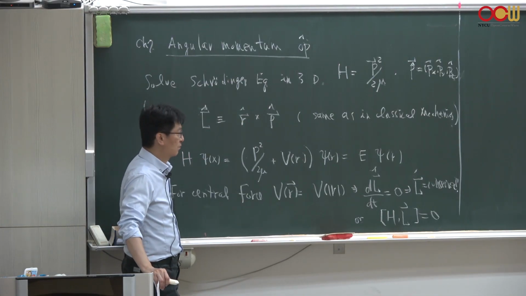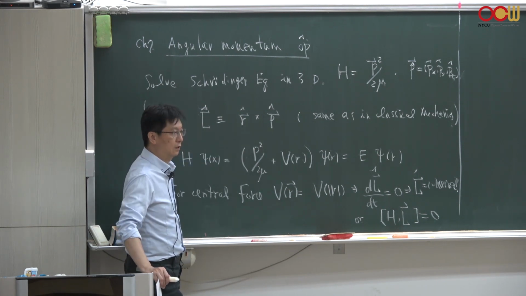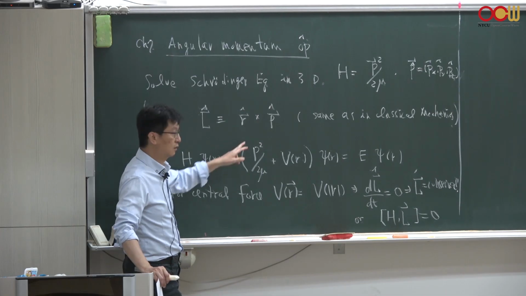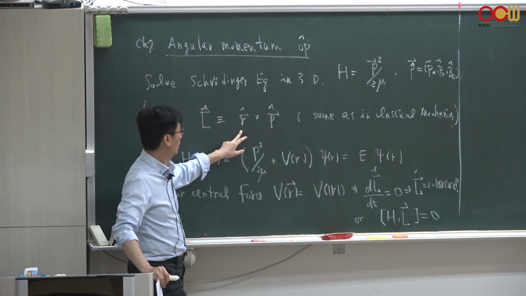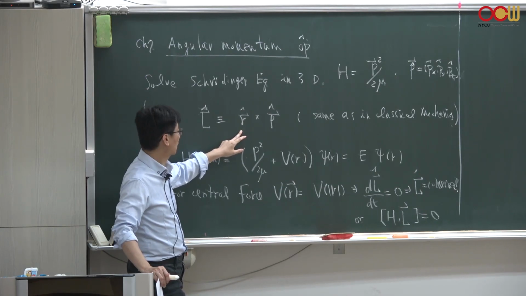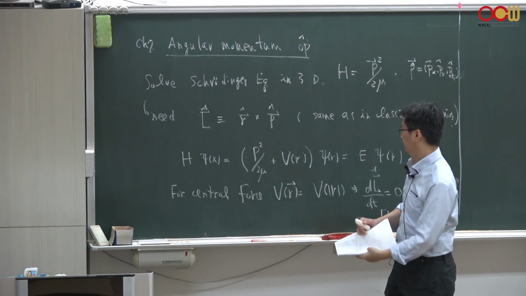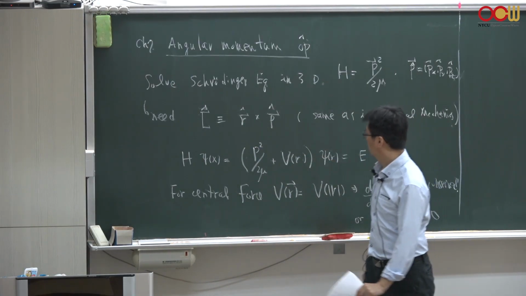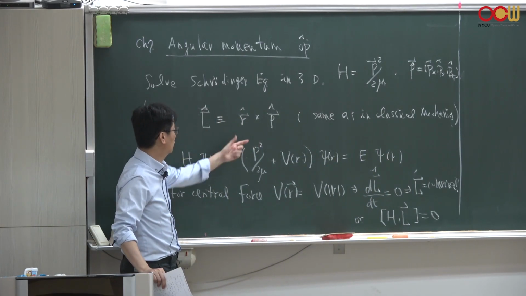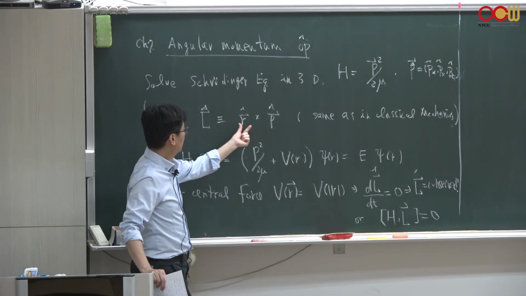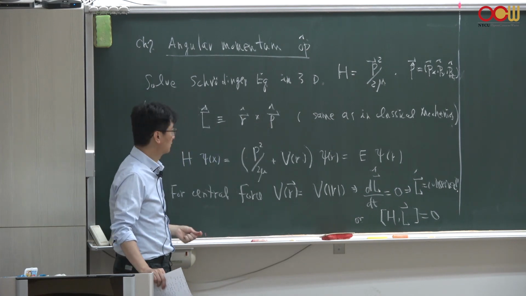So in quantum mechanics, we can also define such a quantity, but remember that both r and p are no longer just classical variables, they are quantum mechanical operators, which means that this vector r as a quantum mechanical operator crosses the momentum operator. Again, the momentum operator is a vector, it's also an operator. So this angular momentum operator is a vector, but it is also an operator, which is defined as the R operator crossed with the P operator.